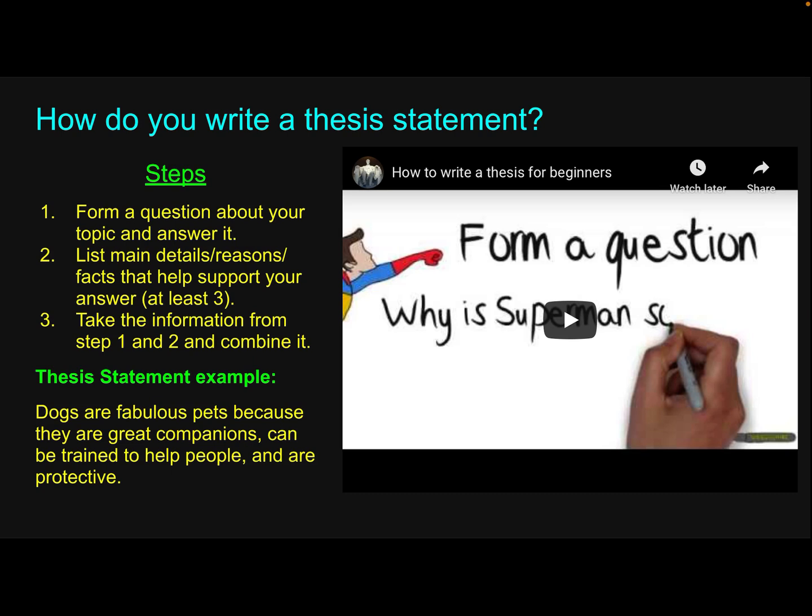Next, you're going to list the main details, the main parts, the main information that helps support your answer. You need a minimum of 3. Then take the information from steps 1 and 2 and combine it. So here's my example: Dogs are fabulous pets because they are great companions, can be trained to help people, and are protective.